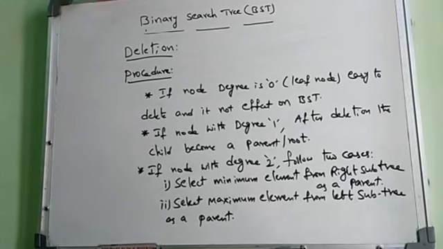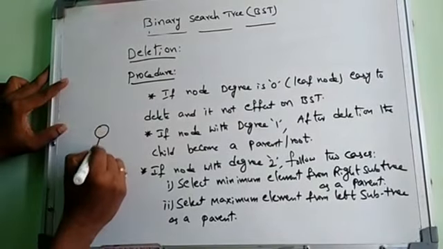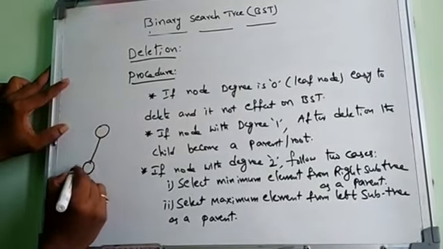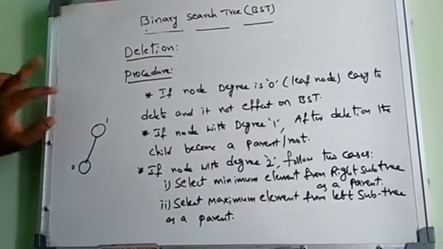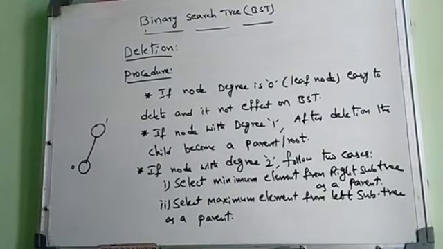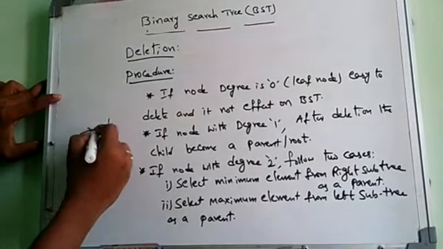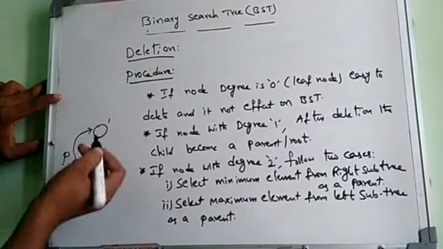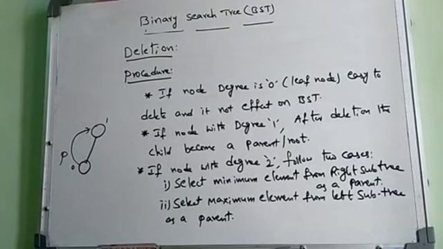Next, the second point: a node with degree 1. Suppose this node has degree 0, and this node has degree 1 because one child is connected. If you want to delete the node with degree 1, after its deletion the child becomes the parent, because the connectivity is lost.